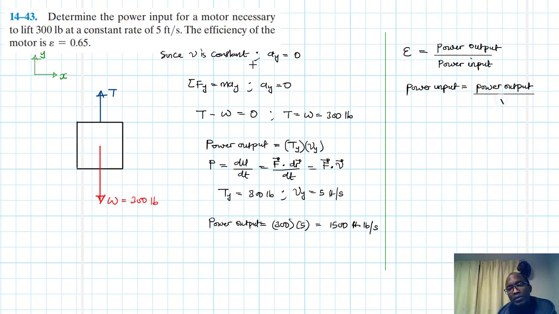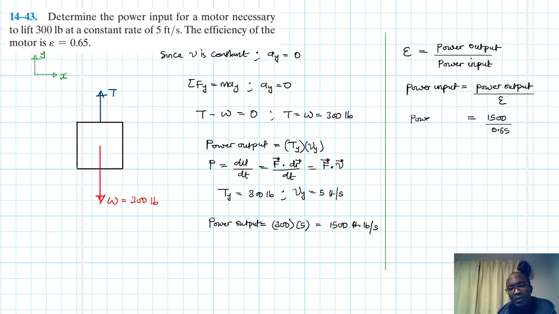We found that our power output is 1500, divided by the efficiency, which is 0.65.